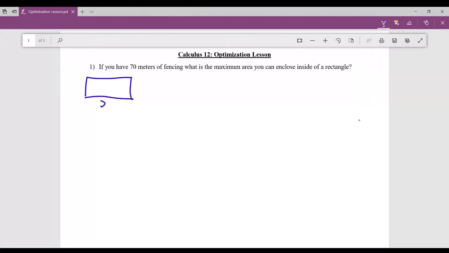I'm going to call this x, this is y, that's y. All right, we have two formulas. Perimeter of a rectangle is going to be 2x plus 2y. The perimeter in this case is 70 because we have 70 meters of fencing.